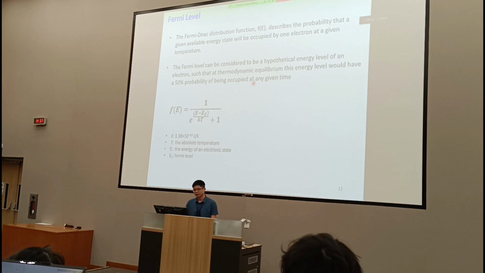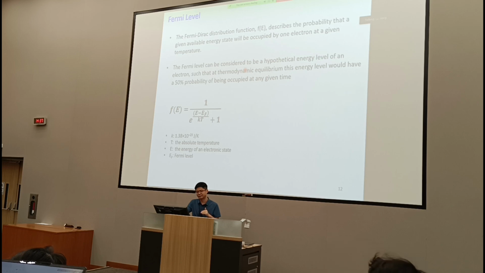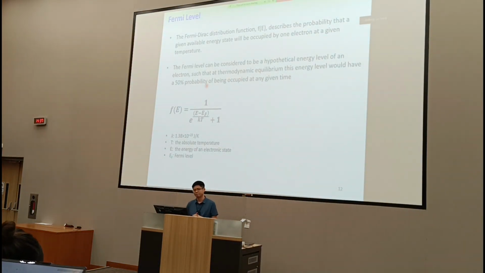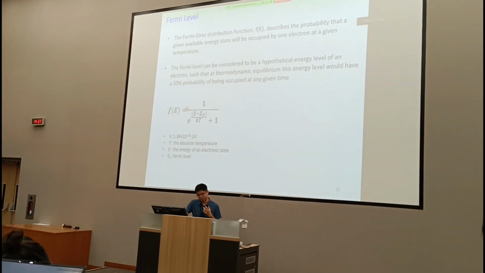This is defined as the energy level at which the state has a 50% probability of being occupied by one electron at a given time. How do we define this? It is described by the Fermi-Dirac distribution formula.